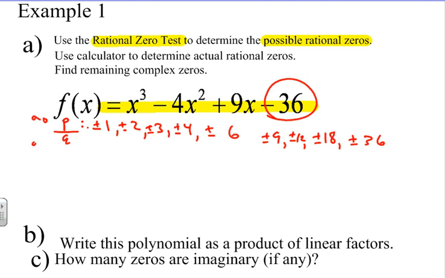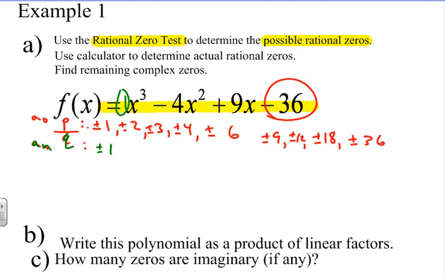Now we take Q. Q are the factors of our leading coefficient. If you notice right here, I'm going to put this in a different color. Q is going to be green, and that is our leading coefficient, which happens to be 1. So we do plus or minus 1.